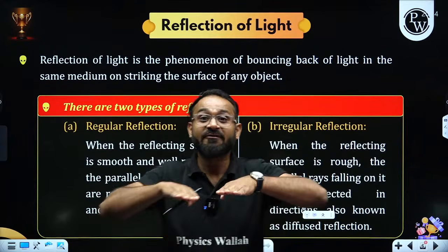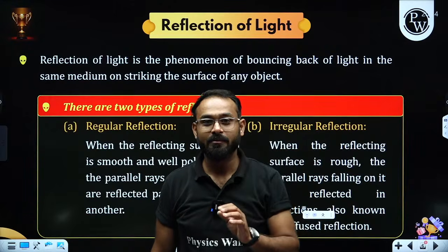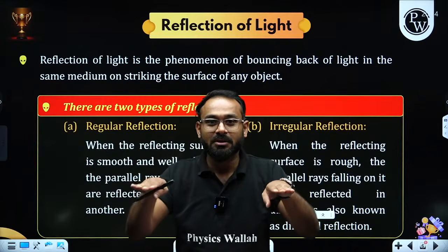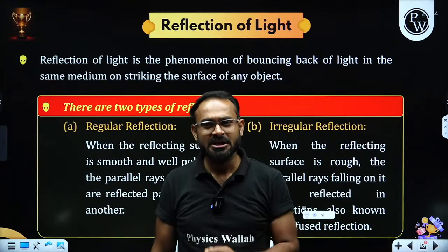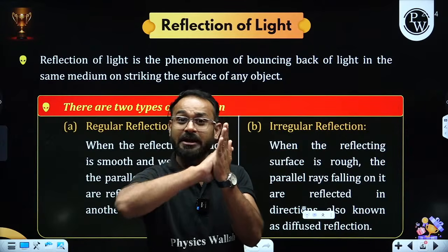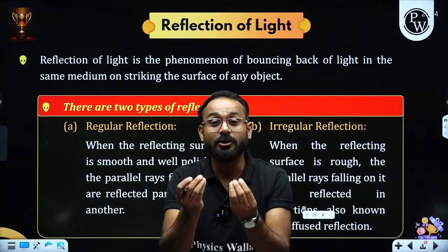The thing is, if there is a very smooth surface, I'm talking about a plane mirror. Are you getting this? If the surface is smooth, what has happened with the plane mirror? Sir, it was a very smooth surface. One side was polished. A silvered layer was given on one side. It was a smooth surface. So what is going to happen?